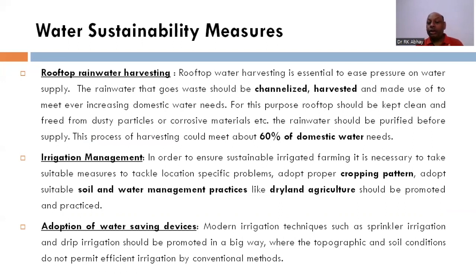We should go for adoption of water saving devices like drip irrigation and sprinkler irrigation. The government should give subsidies for these things. Government and private agencies give lots of subsidies for car loans, bike loans, home loans, but for farmers there are only some small plans, with lots of conditions before they can get a sprinkler or drip irrigation subsidy.